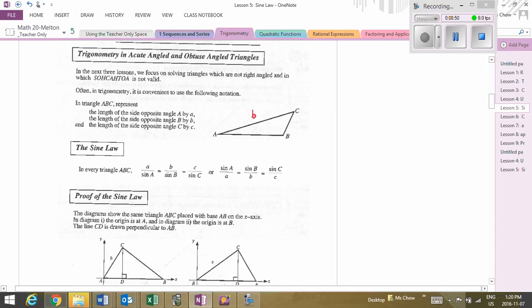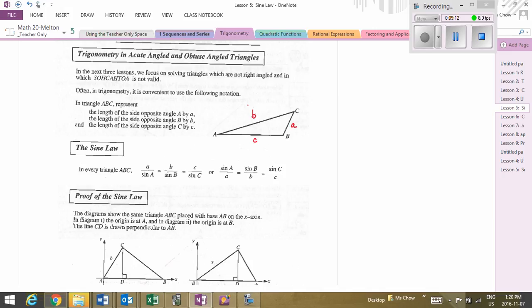So angle B is opposite length b. Angle A is opposite length a, and angle C is opposite length c. So we'll use lowercase letters to indicate lengths, uppercase letters or capital letters to indicate angles.